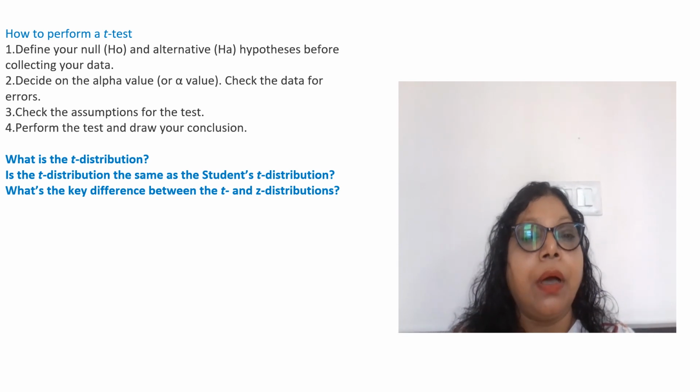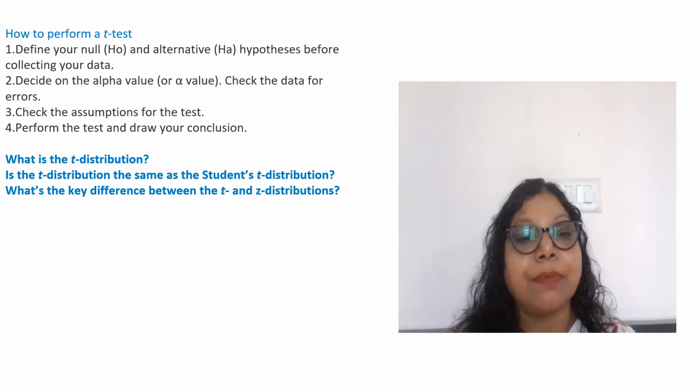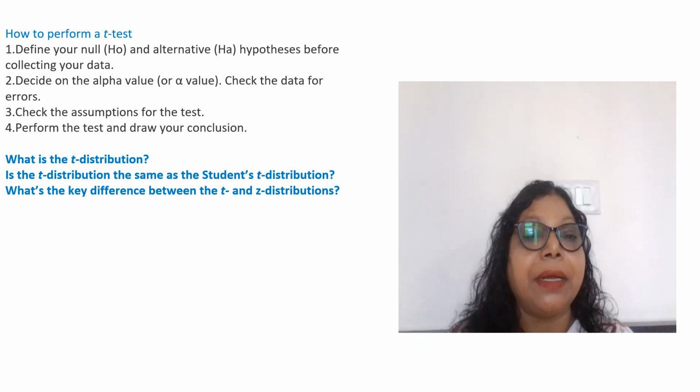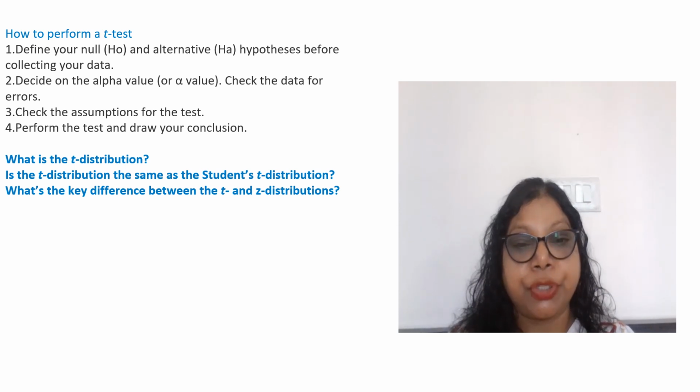Once we have checked the data and made it error free, the next step is to check the assumptions for the t-test. Once the assumptions like normality and homogeneity have been checked, the next step is to perform the test and draw our conclusion.